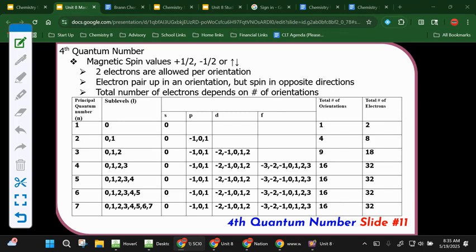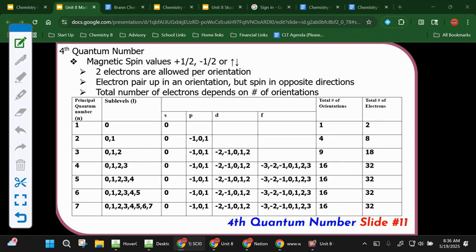How many could fit in these here? How many just here? How many can we fit in the S's? 2. How many can we fit in the P's? 3 orientations.